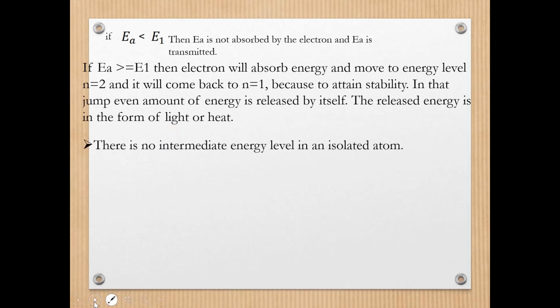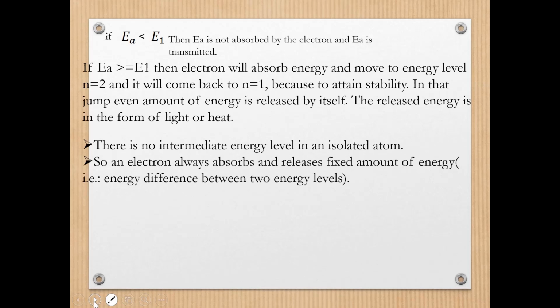There are no intermediate energy levels in an isolated atom. So an electron always absorbs and releases a fixed amount of energy, that is, the energy difference between the two energy levels.